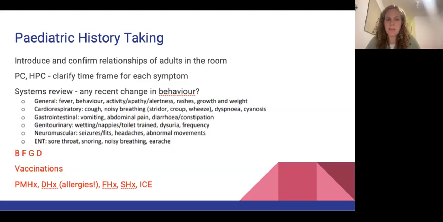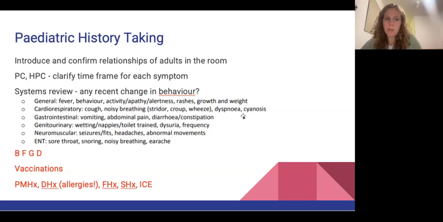Ask about any rashes, ask about how they've been generally, their growth and weight, and their fever. In terms of respiratory symptoms, you want to ask about what their breathing's been like. You want to ask them to describe it clearly to determine if it's more of a stridor, croup, or just a cough. Ask about any cyanosis because that can be quite bad. It can be a sign of respiratory or heart failure even.